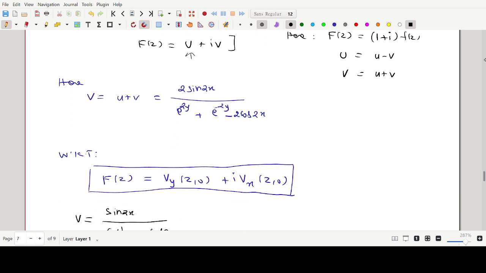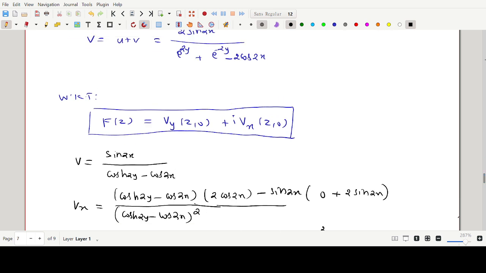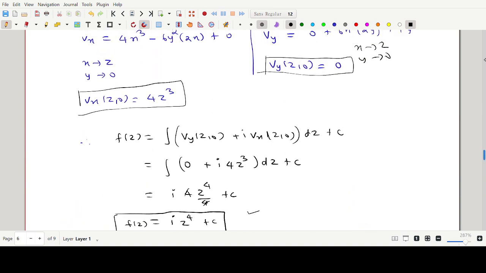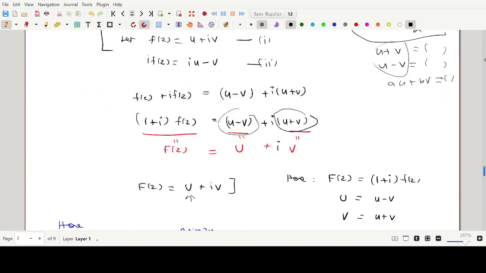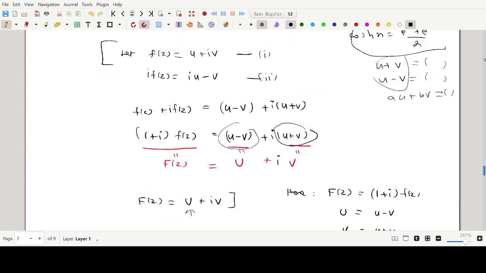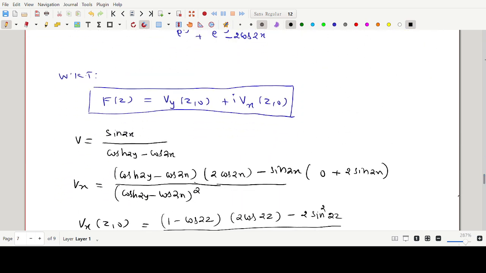You know, everyone, capital F of z by the Milne formula is Vy of z comma 0 plus i Vx of z comma 0, right? How am I getting this one? See, this is the formula, right? This is F dash of z.